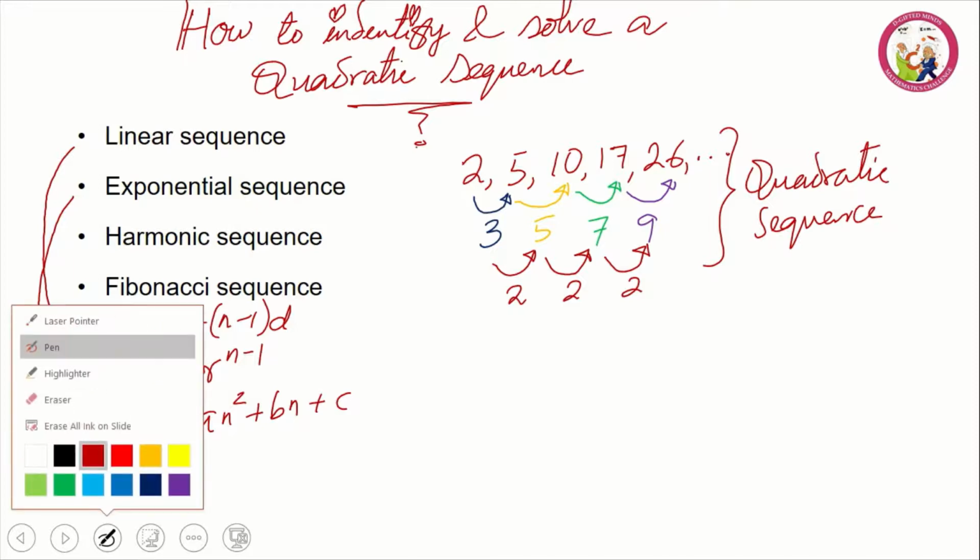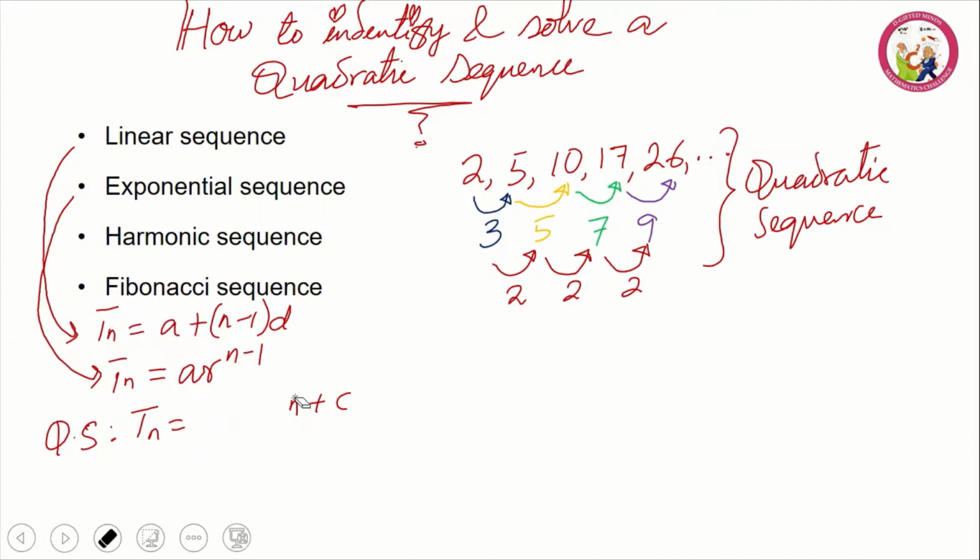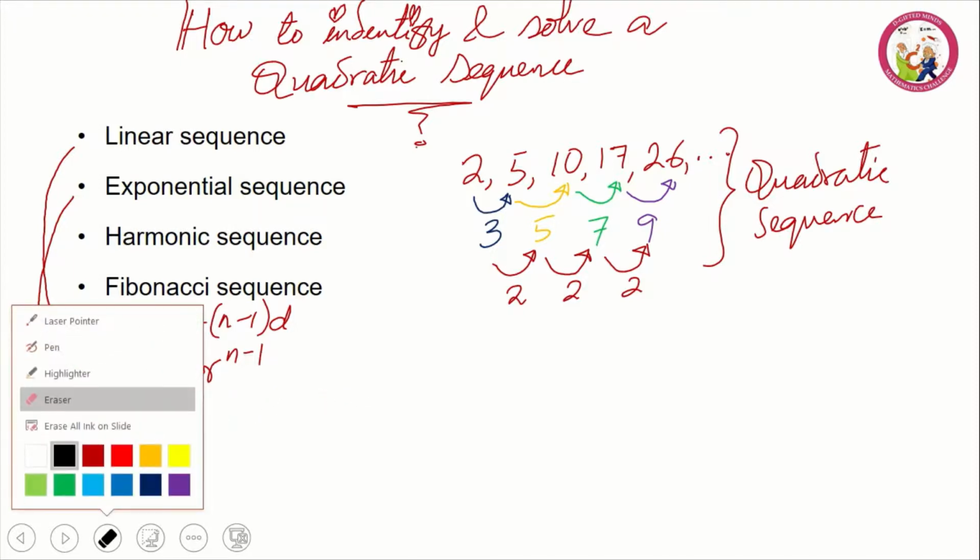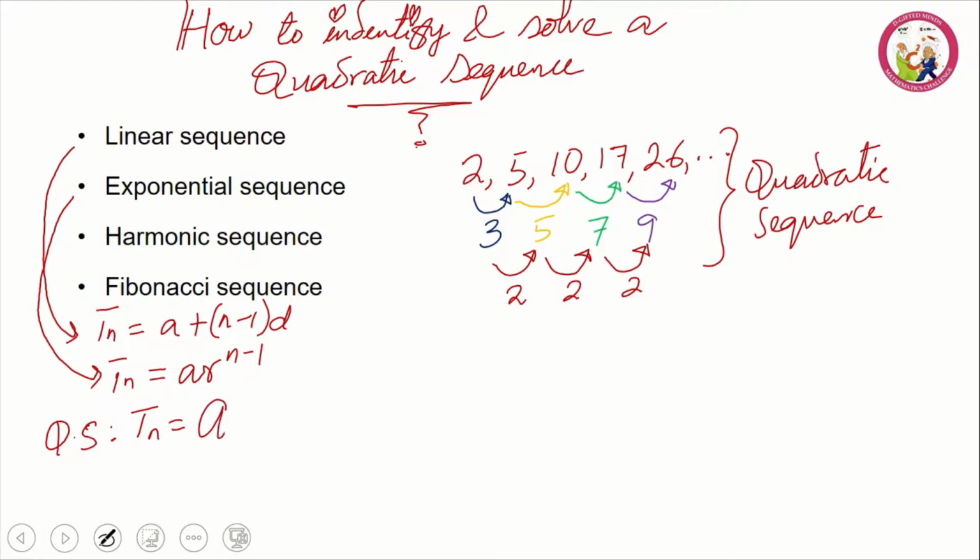In fact, let me write this more legibly. So the quadratic sequence is given by an squared plus bn plus c, where a, b, and c are parameters that can be solved using the following equations. So the first is 2a equal to the second difference.